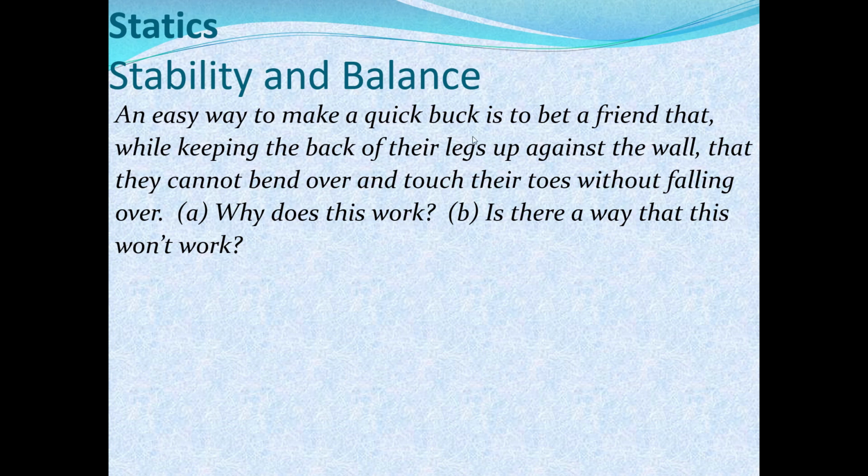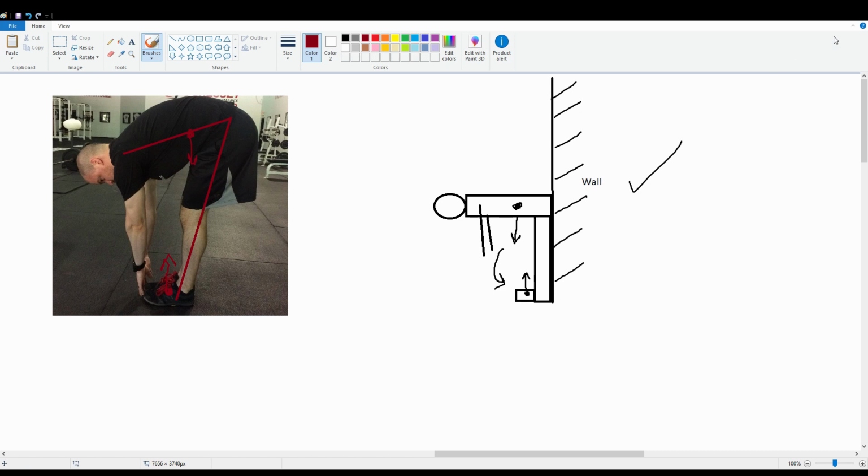Now, going back to part B where it says, when will this not work? Well, if I look back at my perfect drawing here, I want to make sure that my center of gravity is a little bit closer to the wall. In fact, I'd want it closer to my legs. So if you have a scenario where a person has a very low center of gravity, so all their weight is pretty much in their legs, and they don't really have much on the upper body, then they probably could touch their toes while up against the wall.